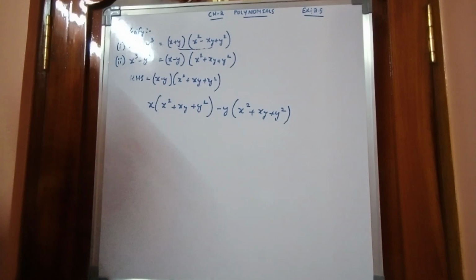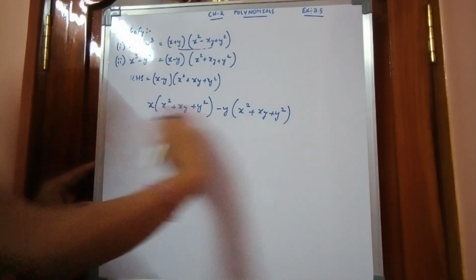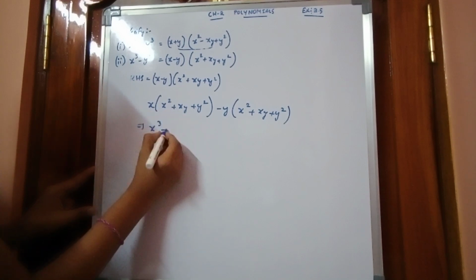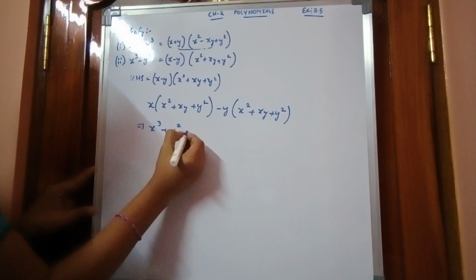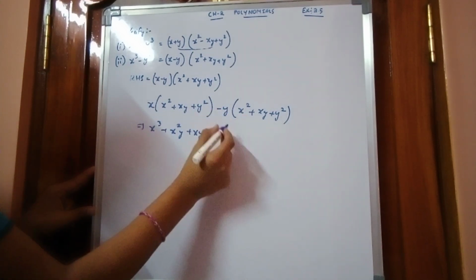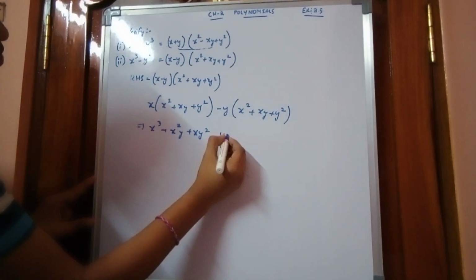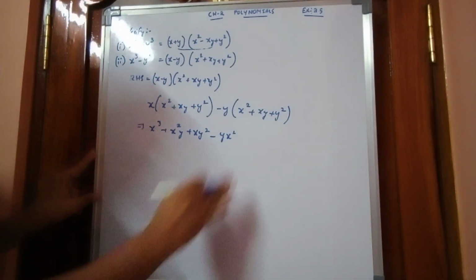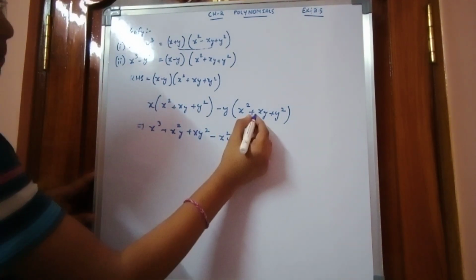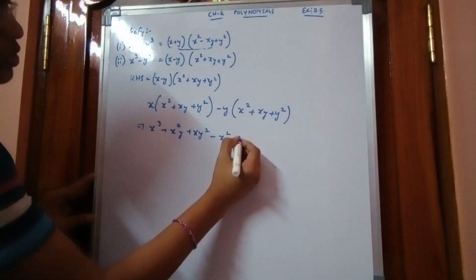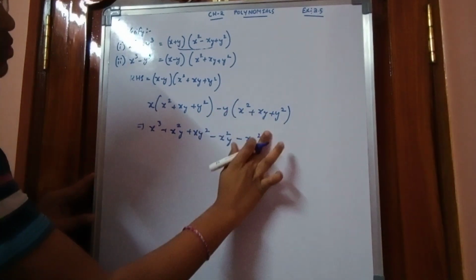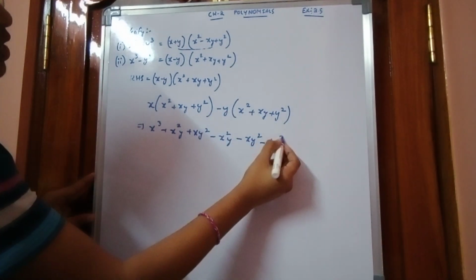Now multiplying the whole term, x square into x is x cube, plus x square y, plus xy square, and minus x square y, minus xy square, and minus y cube.